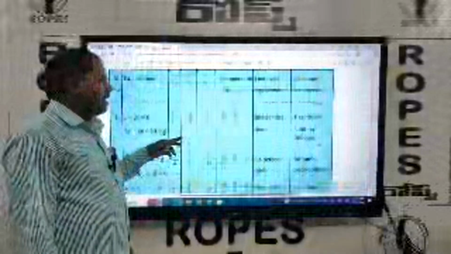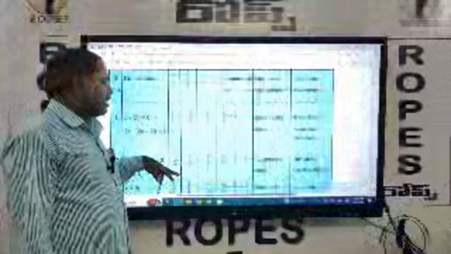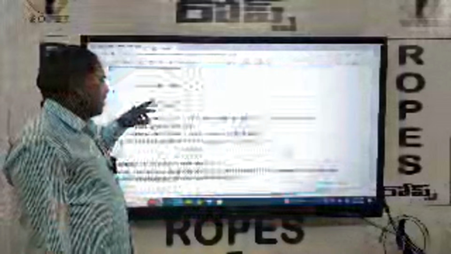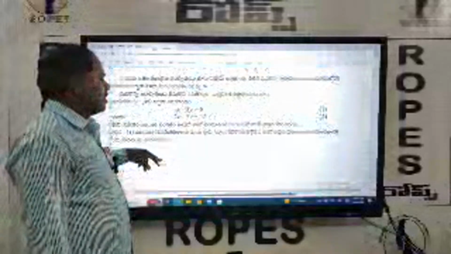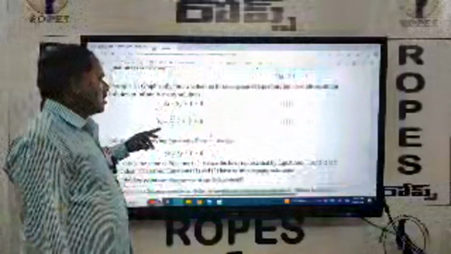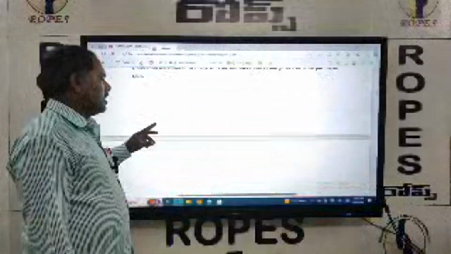This is the table given. Not clearly there, but we learned in the table neatly each and everything: the relation, the coefficients and the number of solutions.